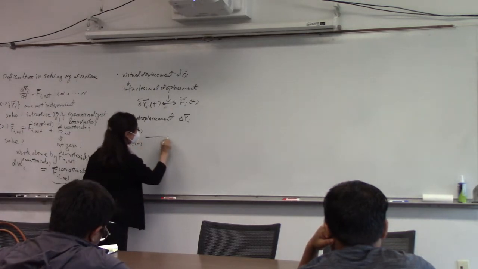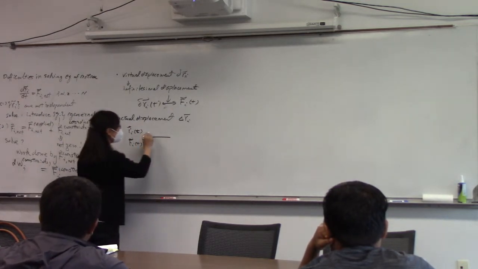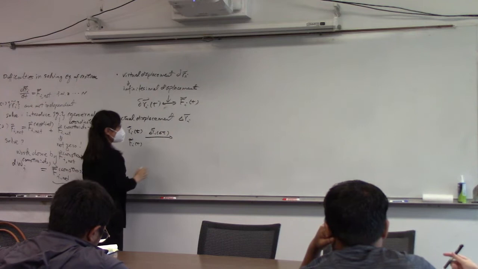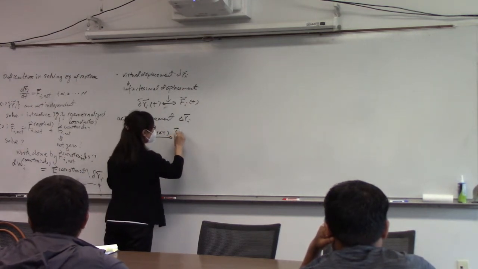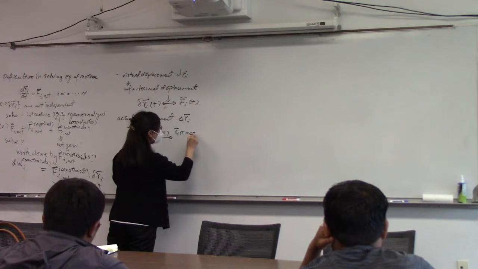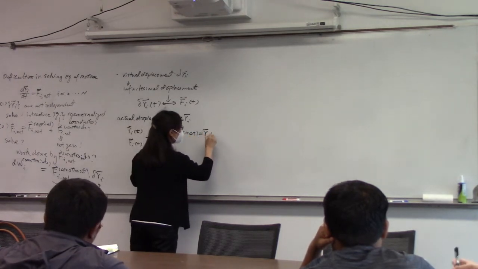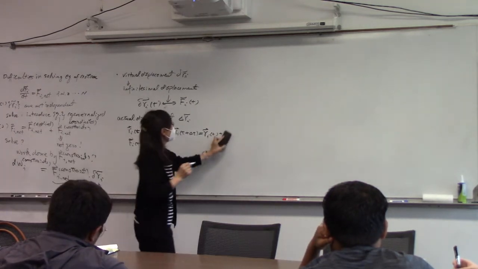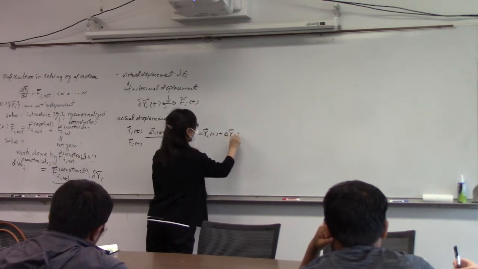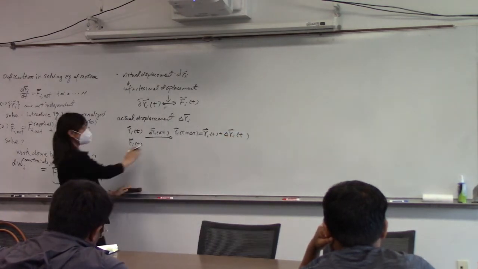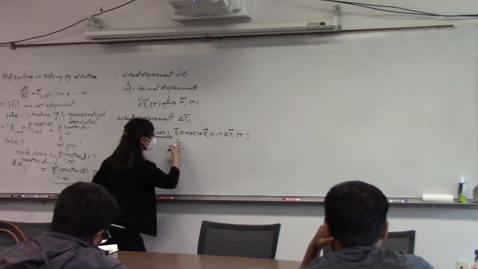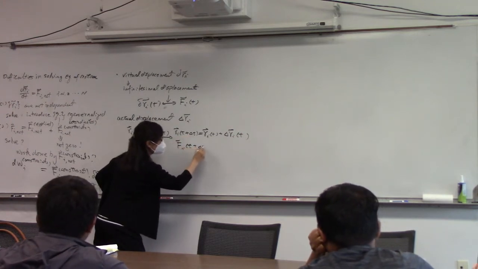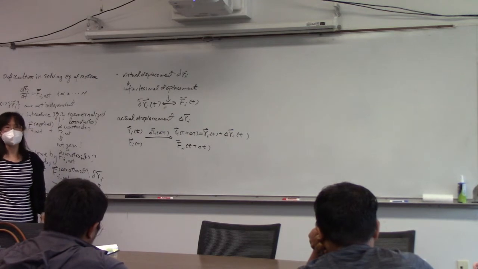Then the real or actual displacement delta r_i, which is a function of delta t, takes r_i from t to t plus delta t, so r_i(t plus delta t) equals r_i(t) plus delta r_i(t), not the virtual one. You see that is the change, and also the force acting on this position at t plus delta t is the force at t plus delta t. That's the difference. Does that make sense?